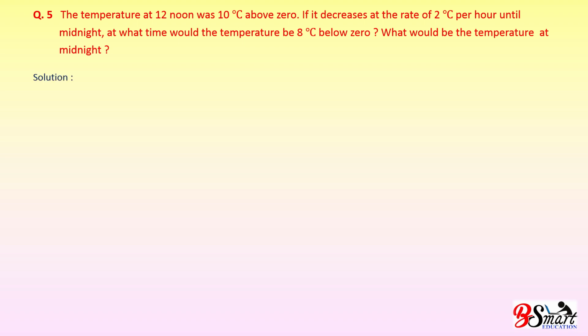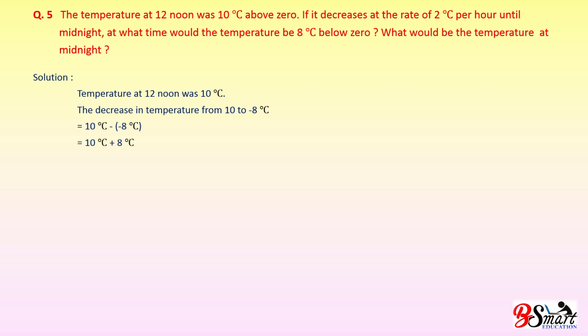Solution: the temperature at 12 noon was 10 degrees Celsius. The decrease in temperature from 10 degrees Celsius to minus 8 degrees Celsius equals 10 degrees Celsius minus minus 8 degrees Celsius. Therefore, minus minus plus. So 10 degrees Celsius plus 8 degrees Celsius, that is 18 degrees Celsius.